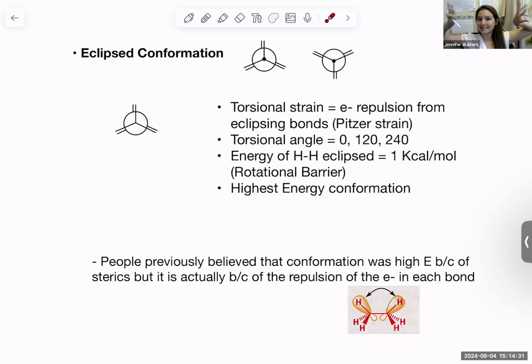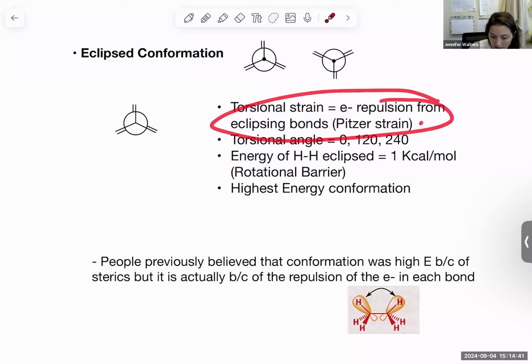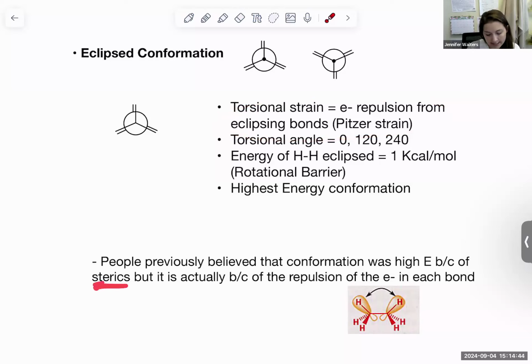So there isn't any steric interaction for ethane. It's actually repulsion of the bonds themselves. That is torsional strain: repulsion of the electrons in the eclipsing bond. Sterics is if things are too big near each other.